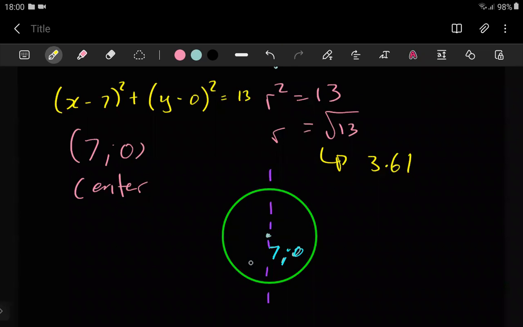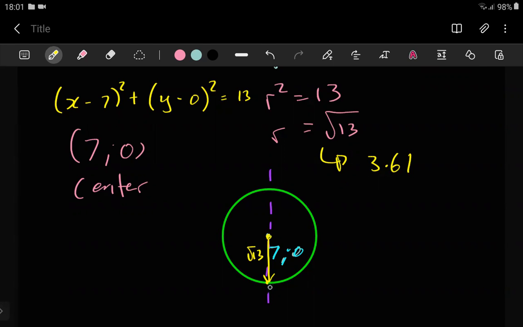So if you look at it nicely, the distance from the center to this point is going to be square root of 13, which is 3.61. So if this y value is 0 here, downwards, this y value is like -3 something.